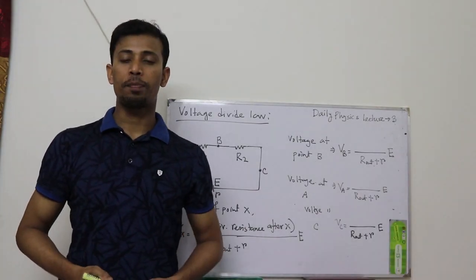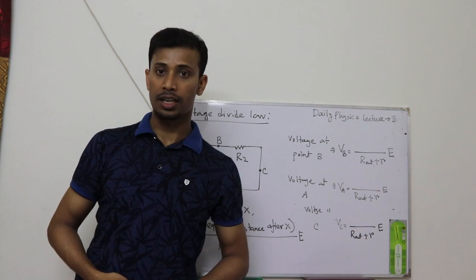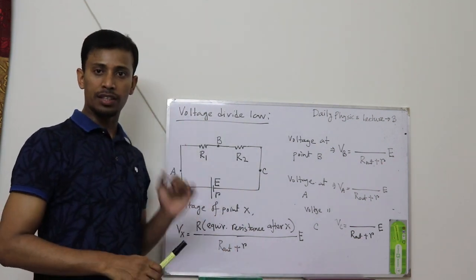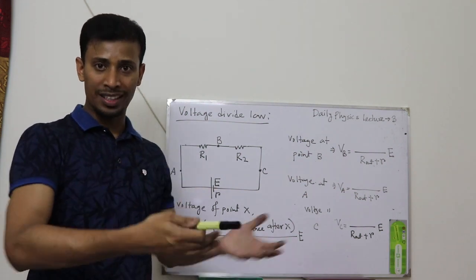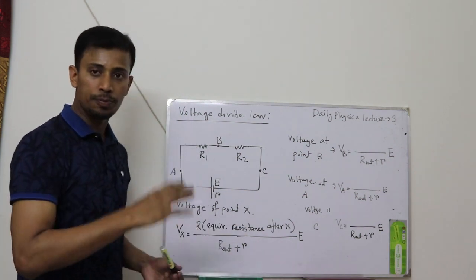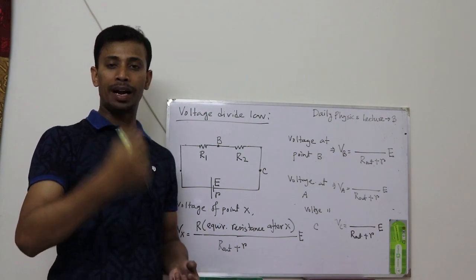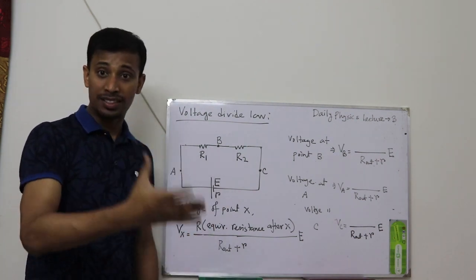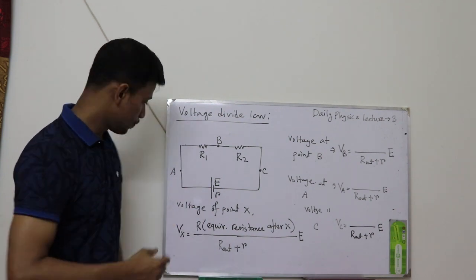So voltage of a particular point in a series circuit, how to get it? It's a very simple series circuit that we were discussing.